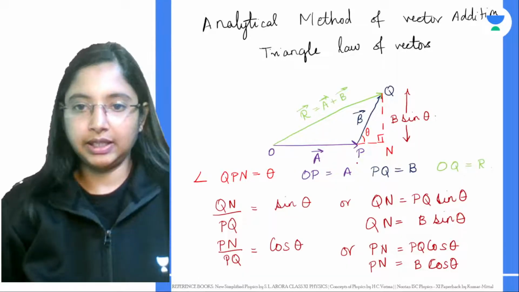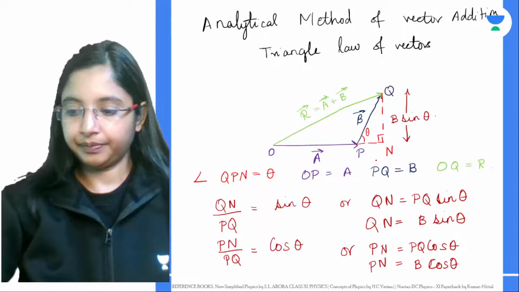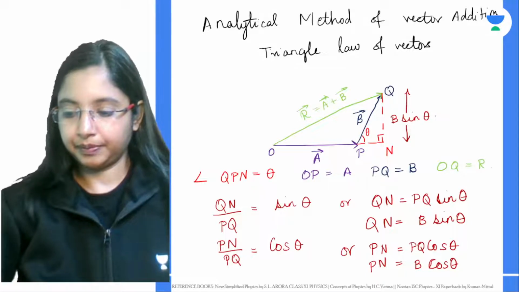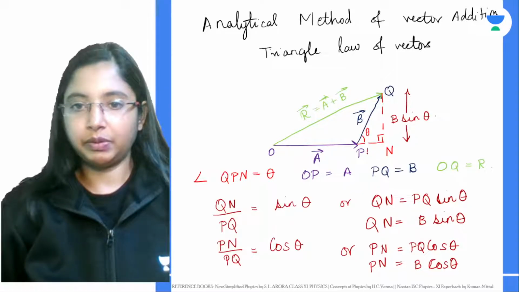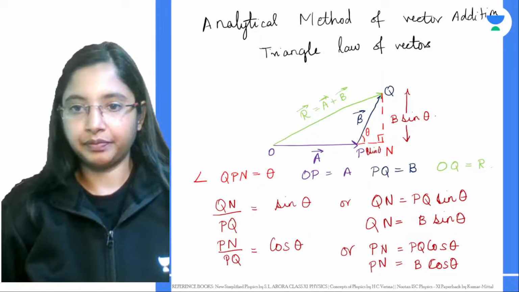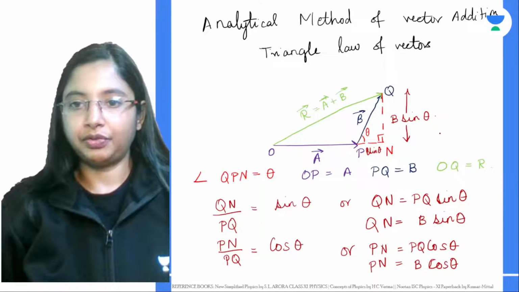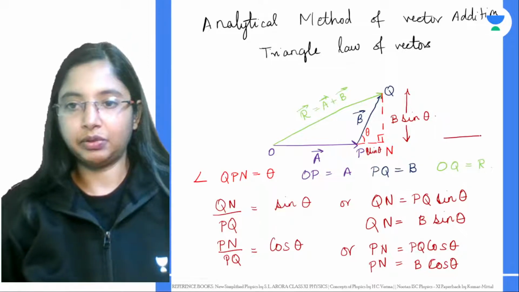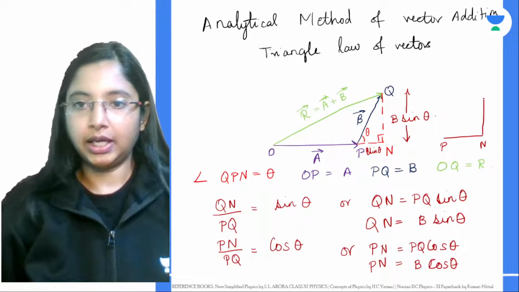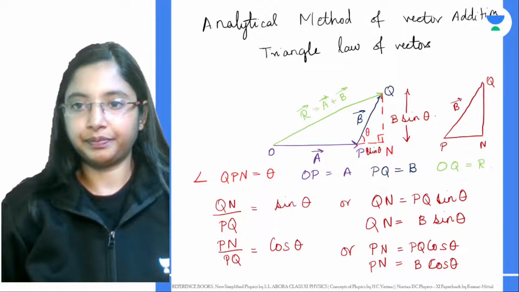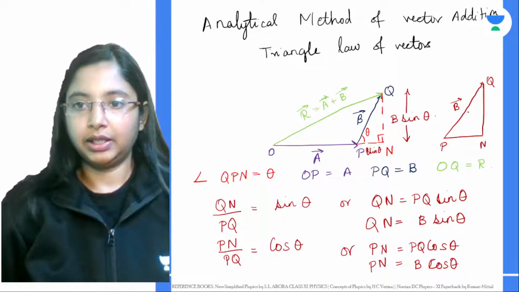Now this side length that you're seeing is PN. So we have a triangle here; let me do that separately. This is PN, this side is Q, and this side is the B vector.